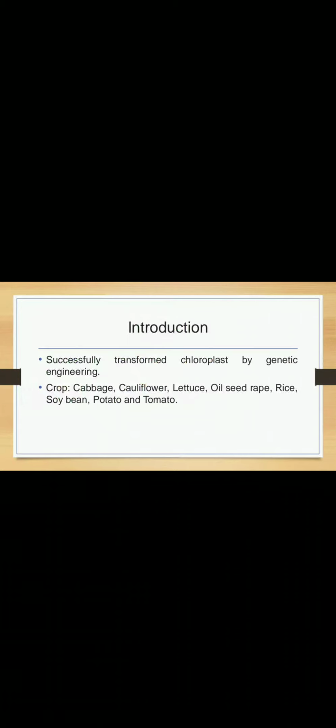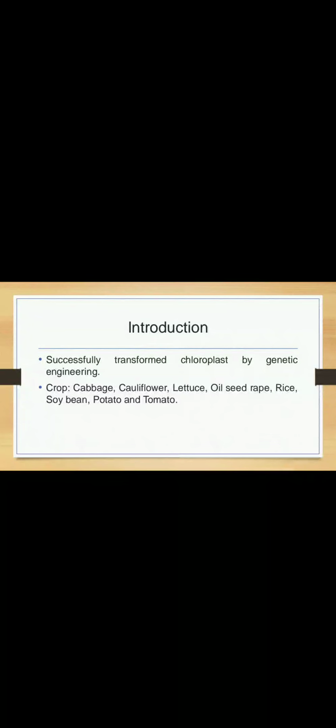So we have many different crops which have been successfully transformed through chloroplast genetic engineering, like cabbage, cauliflower, lettuce, rice, soybean, potato, and tomato.